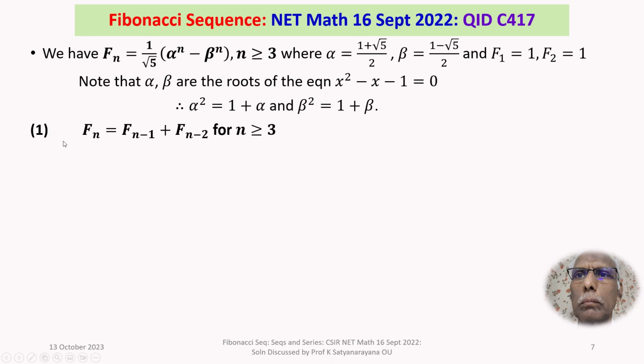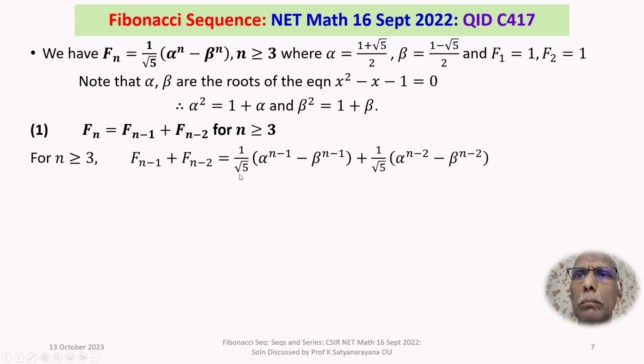Let's see the validity of this statement. Fn is equal to Fn minus 1 plus Fn minus 2 for n greater than or equal to 3. This is the Fibonacci condition. Now for n greater than or equal to 3, we write down Fn minus 1 plus Fn minus 2.